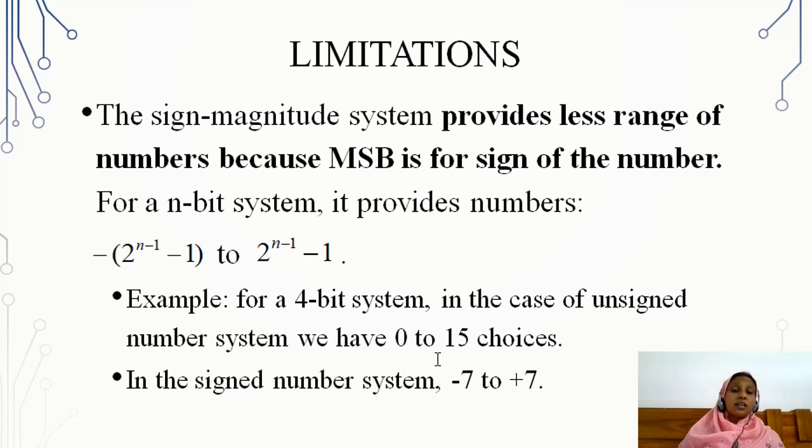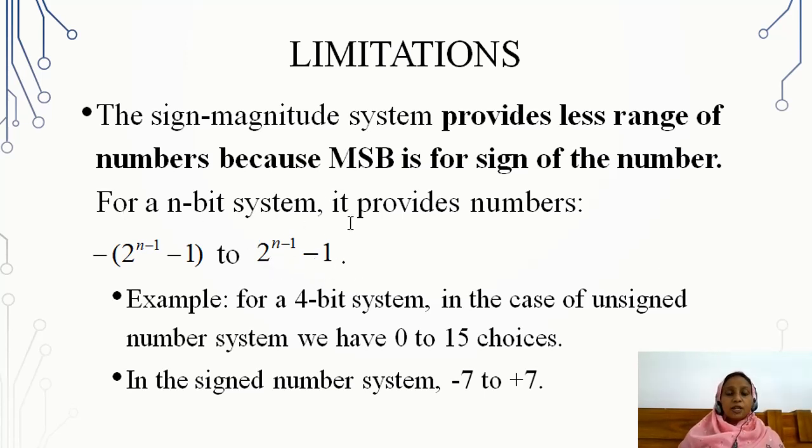Now, what are the limitations of this sign magnitude system? We already found that we have fewer options, that means a smaller range of numbers, because we have only 2 raised to n-1 minus 1 options.